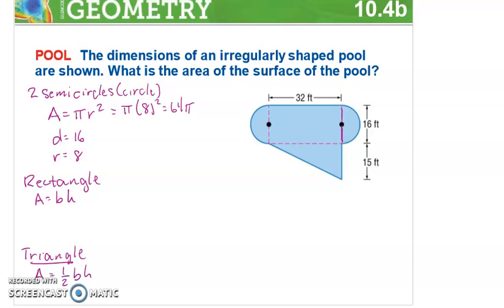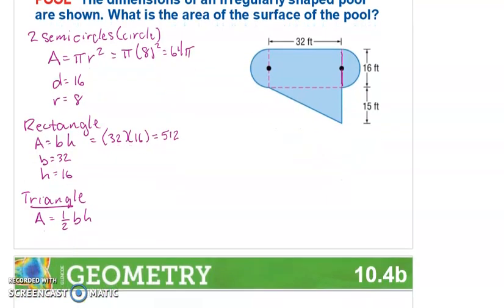The rectangle at the base of this is 32. That 16 that was the diameter of the semicircle is also the height. So the height equals 16. So the area of this one is going to be 32 times 16, which equals 512. Then the area of the triangle is 1/2 base times height.